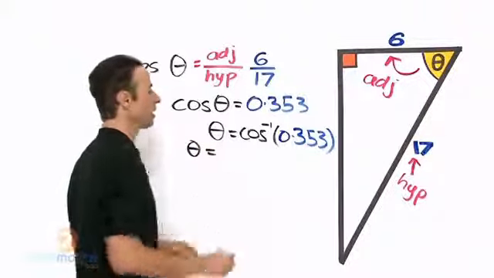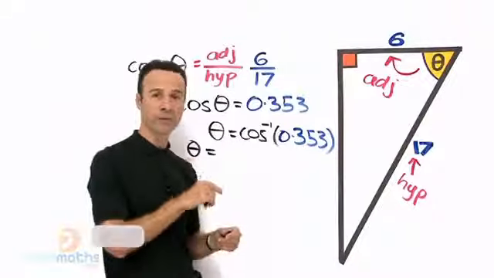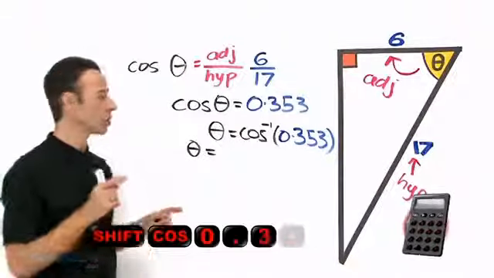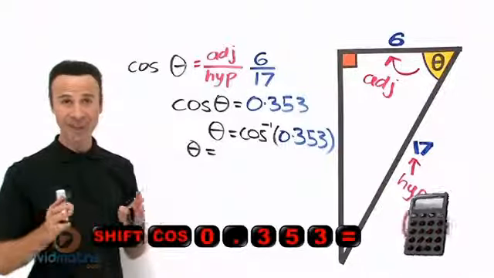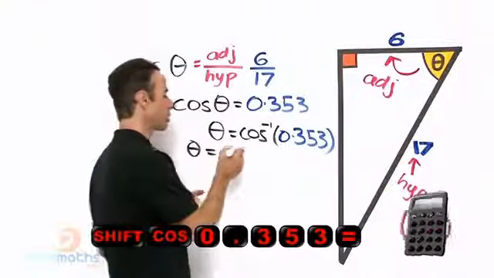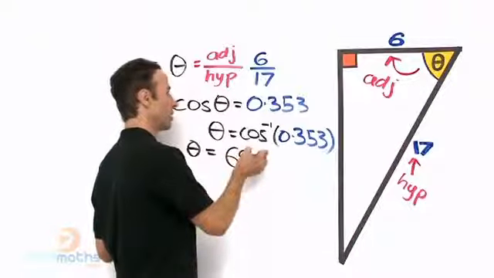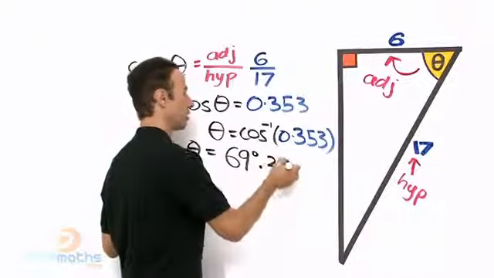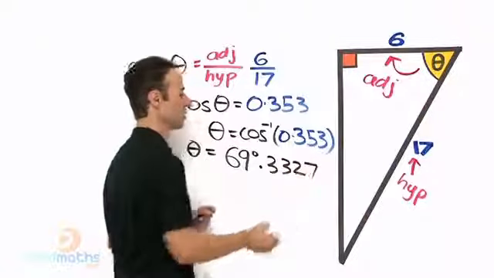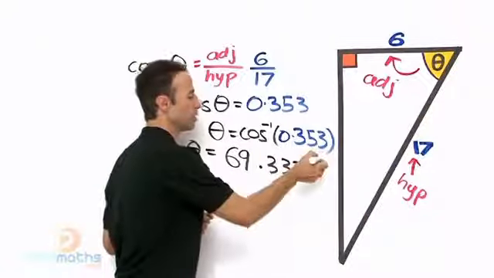On the calculator, shifting cos 0.353, pressing the buttons in there, you will yield an answer in decimal degrees. So it'll be whole degrees of 69 degrees, 0.3327. Now you can also put the degree sign here if you wish.